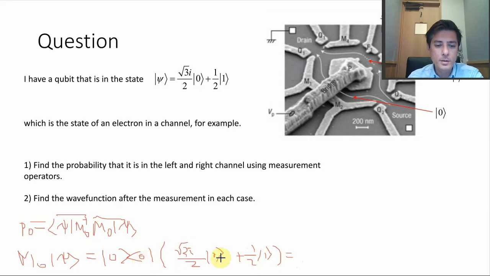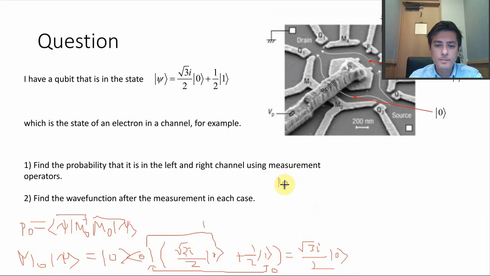Because the inner product of 0 and 0 is 1, and the inner product of 0 and 1 is 0, we don't have to worry about the second term, and so we just get root 3 i over 2, ket 0.